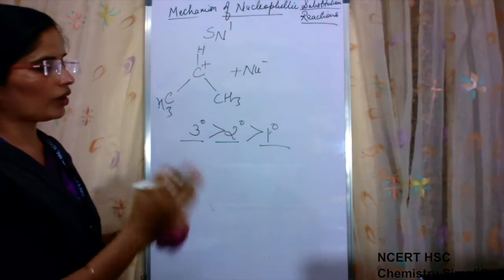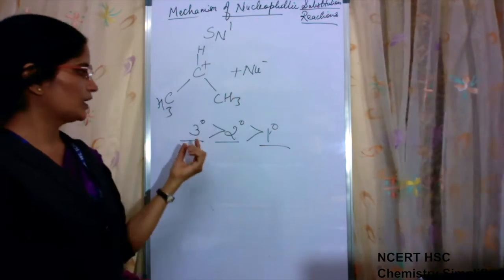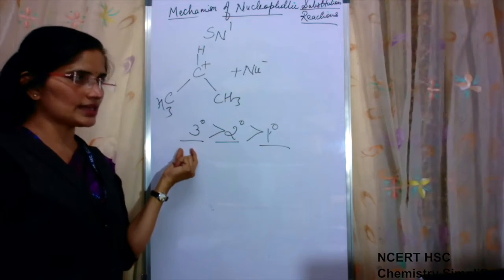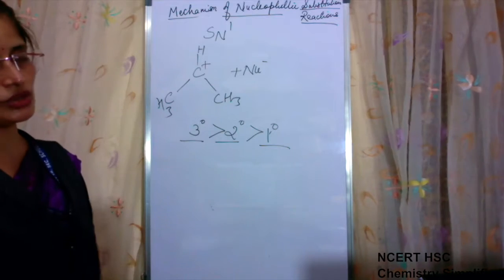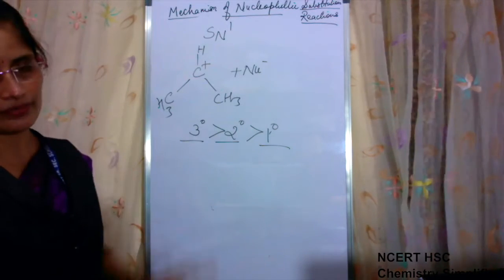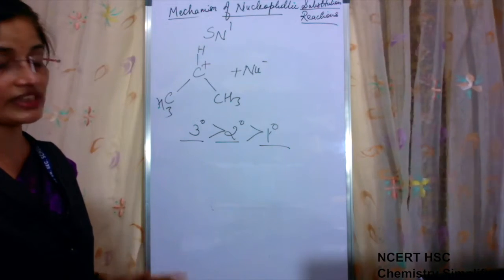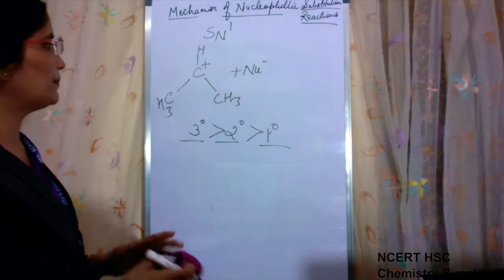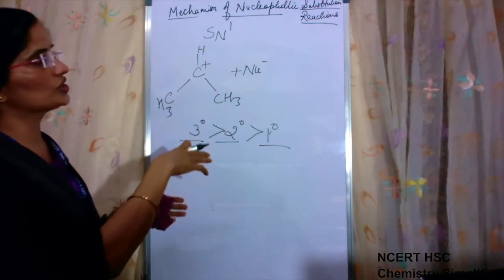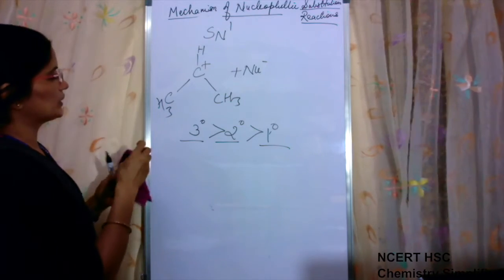So the order of reactivity is reverse in SN1. If an alkyl halide is 3 degree, then it will do substitution reaction by SN1. And if an alkyl halide is 1 degree, it will always do substitution by the SN2 mechanism. So this will help us decide whether a substitution reaction is taking place by the SN1 or SN2 mechanism.